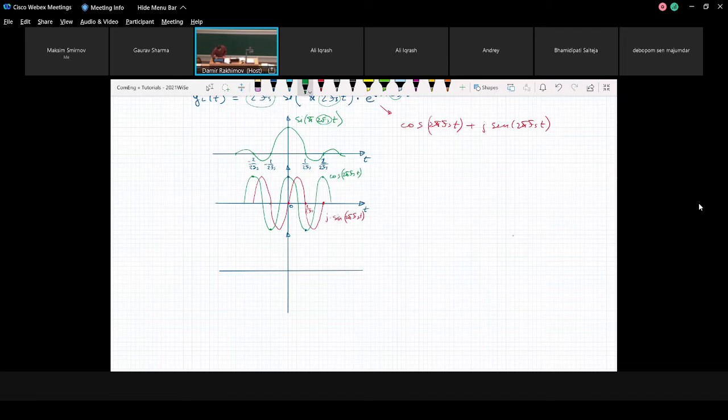What are the interesting points we have? When cosine equals 0, we have something non-zero. But when the sinc function equals 0, cosine has its maximum magnitude.